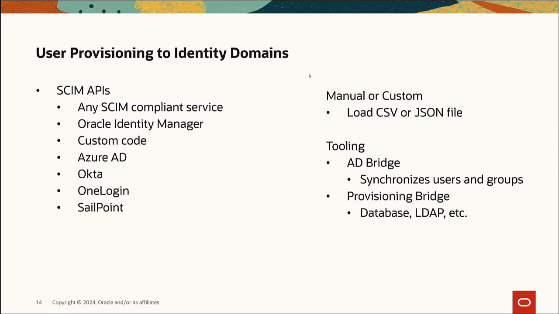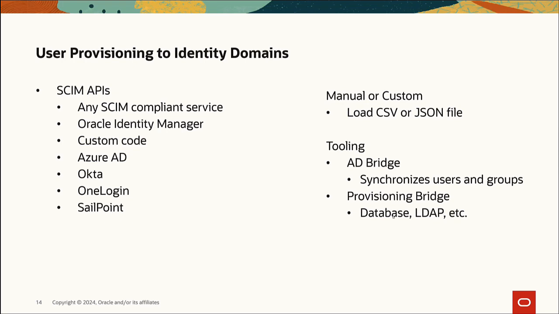You can also load users manually. So if you have a CSV file with user identities, you can basically deploy users that way. And using that tooling, for something like AD Bridge, if you want to connect into on-prem Active Directory instances, or provisioning bridge for legacy or non-SCIM compliant sources or targets, something like, for example, a database.